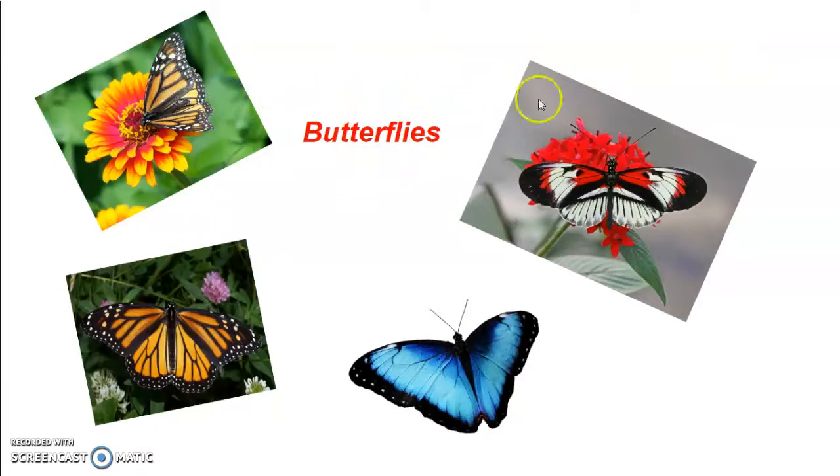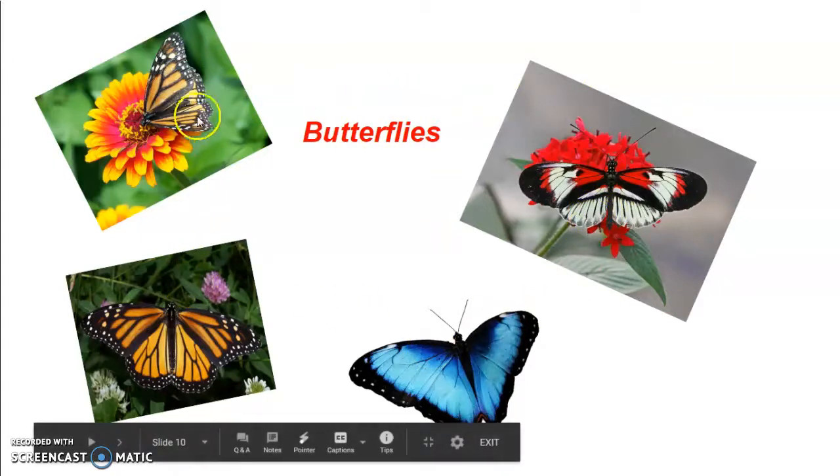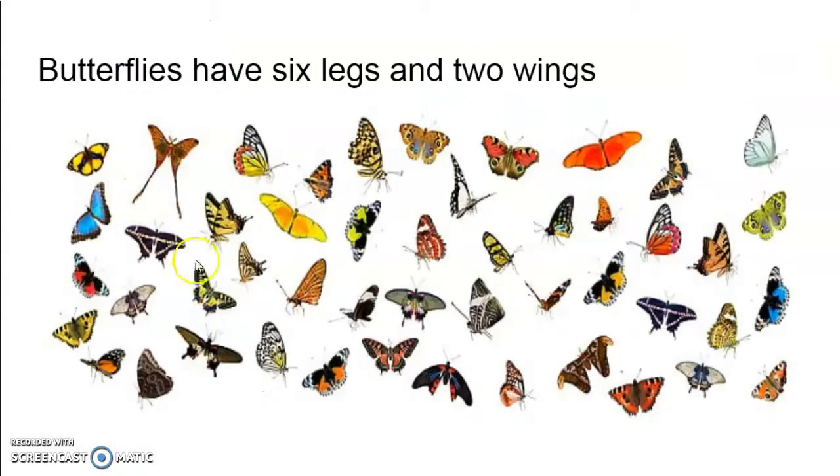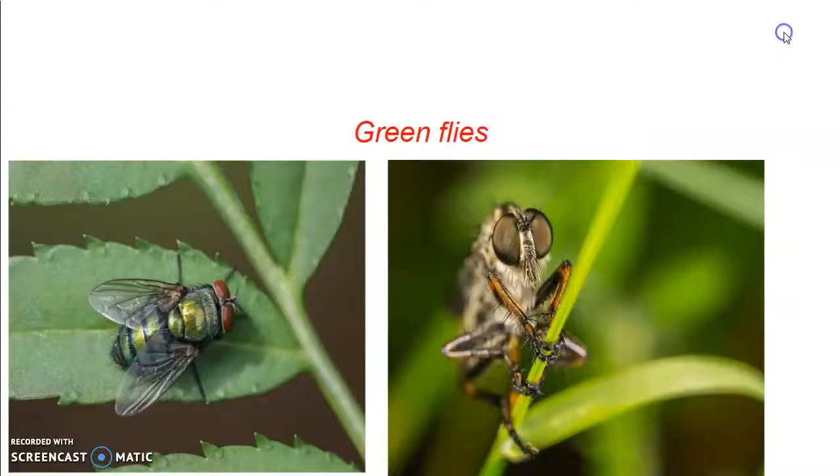Look at these beautiful butterflies. These are also invertebrates. All butterflies have 6 legs and 2 wings because they are insects and they are invertebrates.